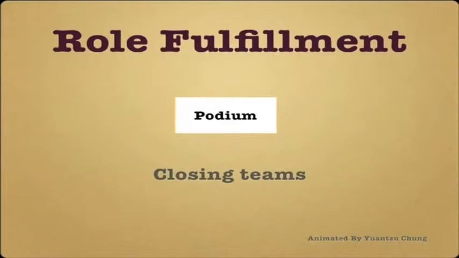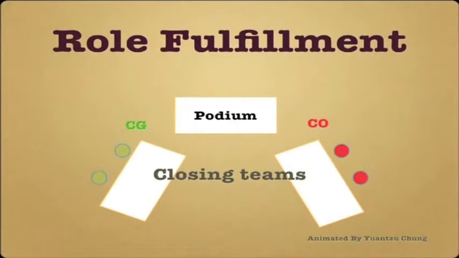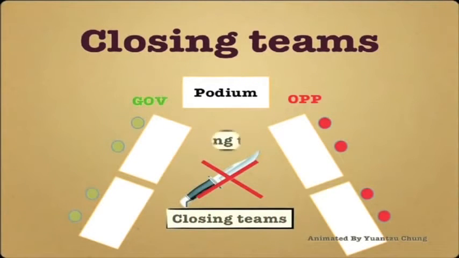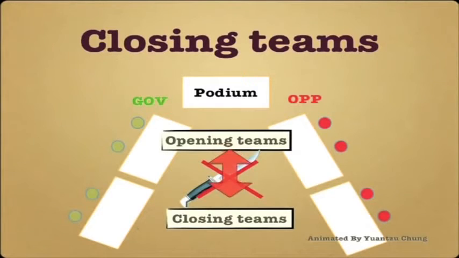The rules of the closing teams require both closing government and closing opposition to pay full attention throughout the debate. Closing teams are not allowed to knife their opening team. In other words, they cannot contradict the opening team.